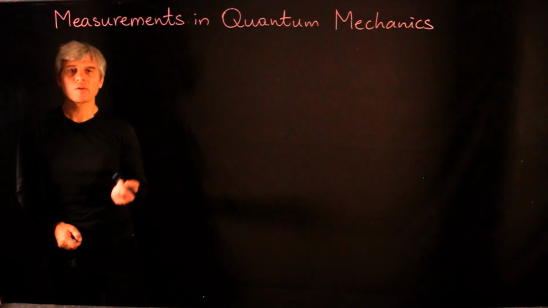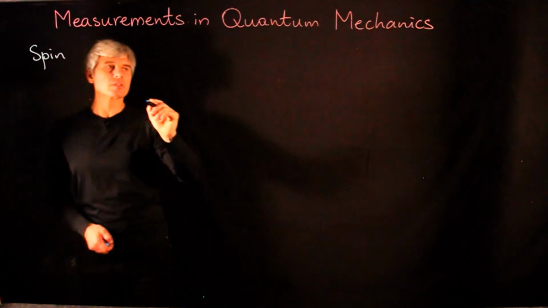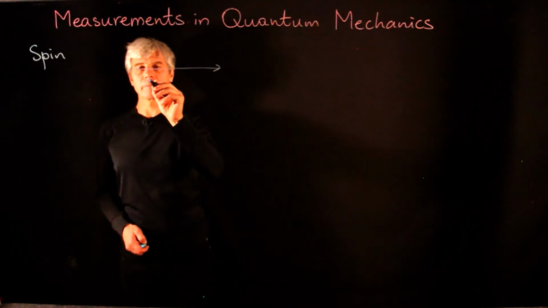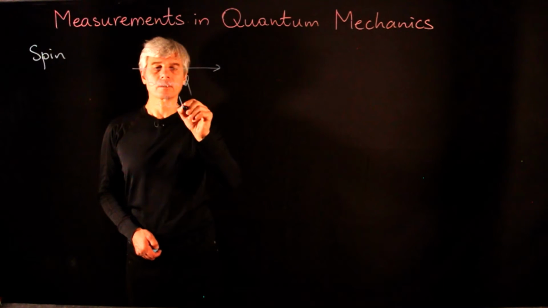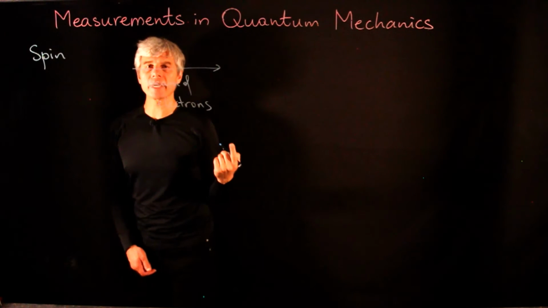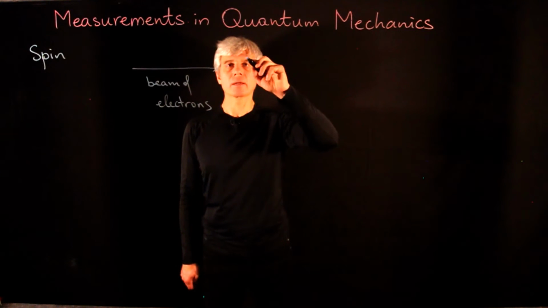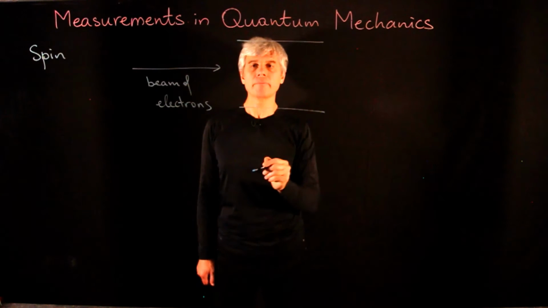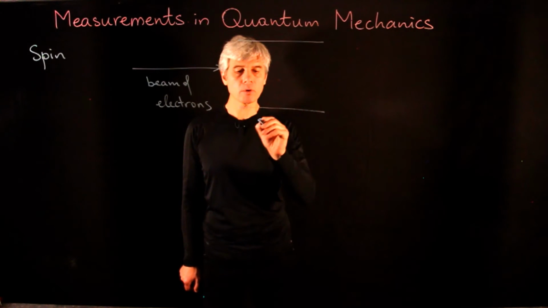Now let us discuss how we can measure the spin of an electron. So here we again imagine that we have a beam of electrons, and we want to measure their spin, right? So how can we do the measurements? What we can do is pass this beam of electrons through a strong magnetic field.